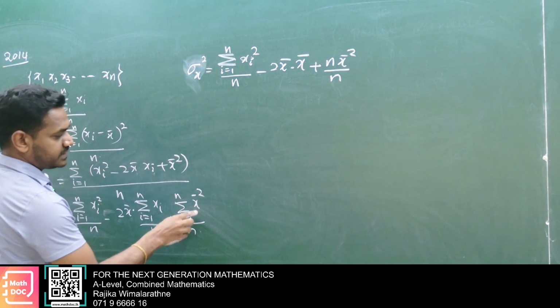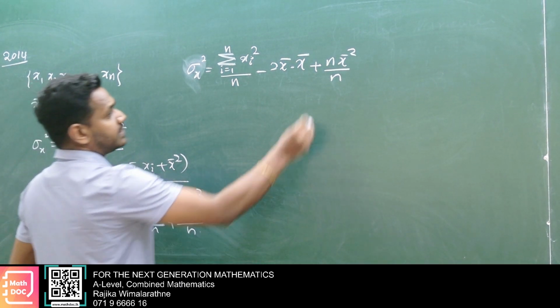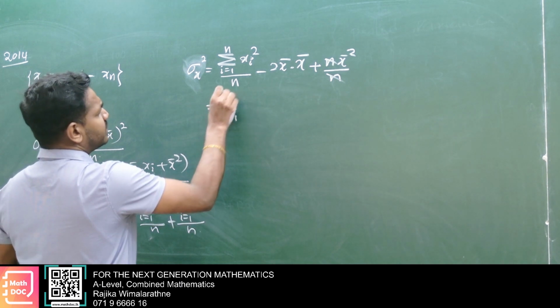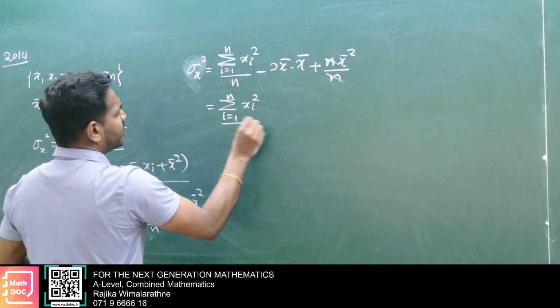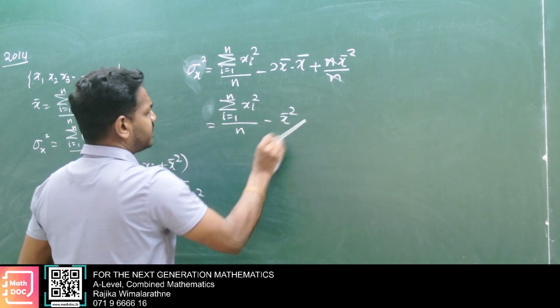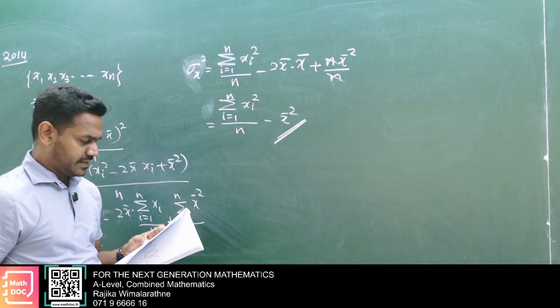Here this is equal to n x bar squared divided by n. Then sigma xi squared divided by n minus x bar squared. This proof we have done. That is it.